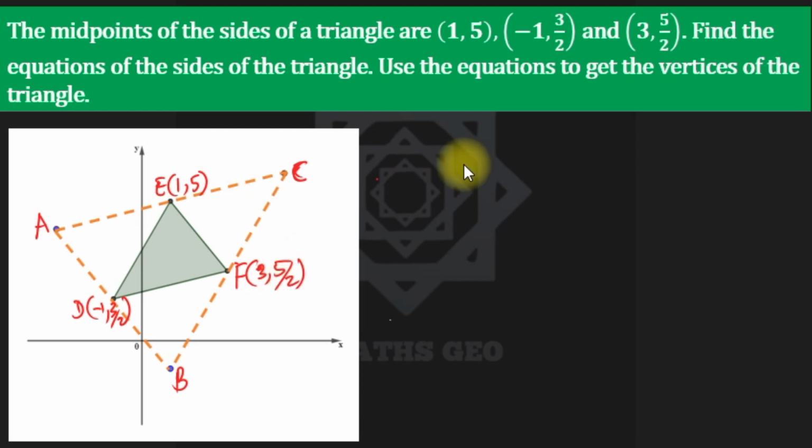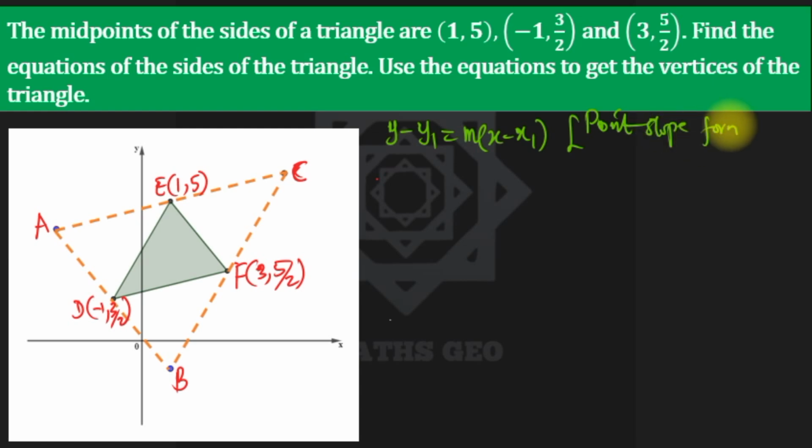So next thing is to get the equation. And how do you get the equation? We use what we call the point slope form of the equation of a line, which is y minus y1 equals m times (x minus x1).